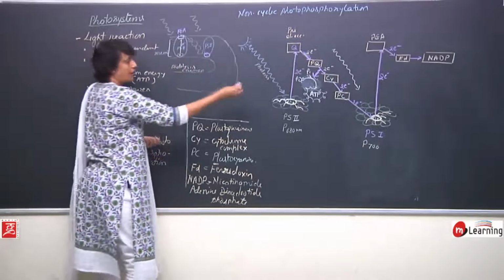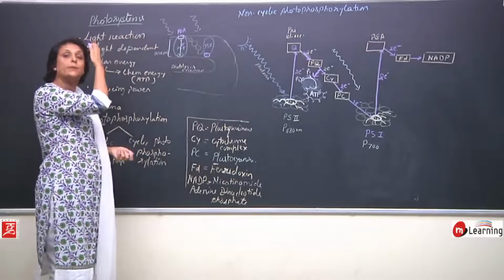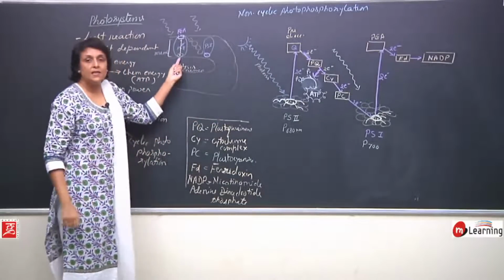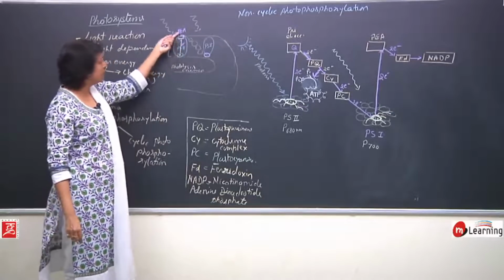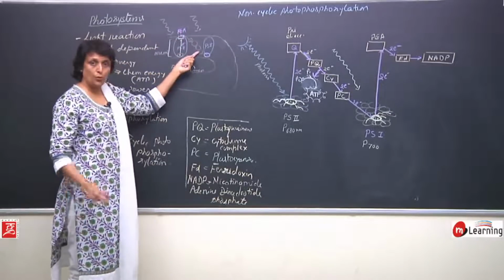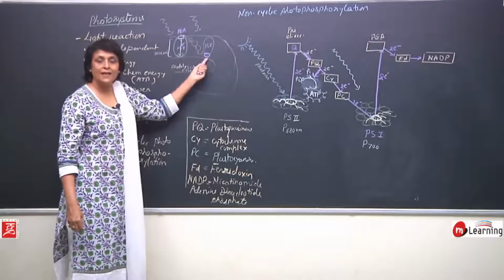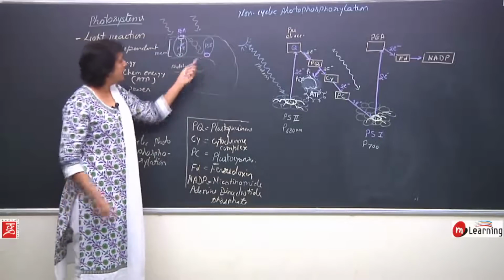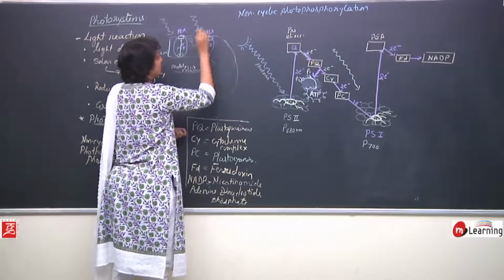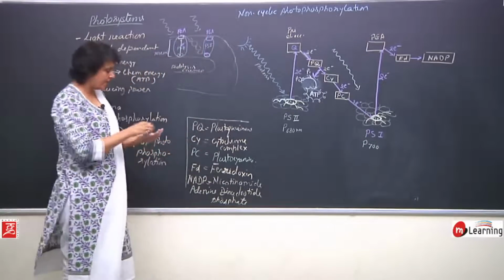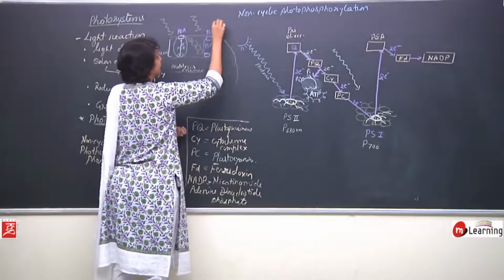So now again, let us come back to this original thing and let us see what is happening where. From PS2, the electron was accepted by the electron acceptor, then it went through the electron acceptor chain, it was taken by the chlorophyll of PS1, again it went to the primary electron acceptor of PS1, ferredoxin and all these things are here.